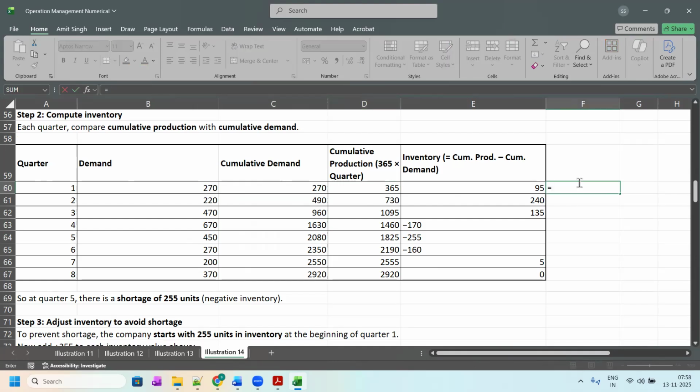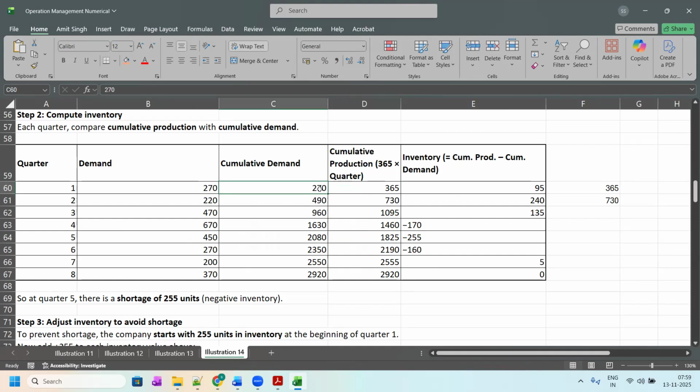Your average demand was 365, so 365 into quarter one is your cumulative production for the first quarter. For the second quarter, it would be 365 into quarter two, like this, for each quarter we calculated the cumulative production.